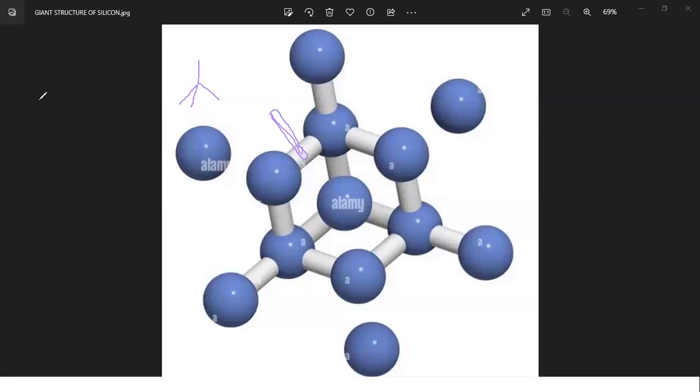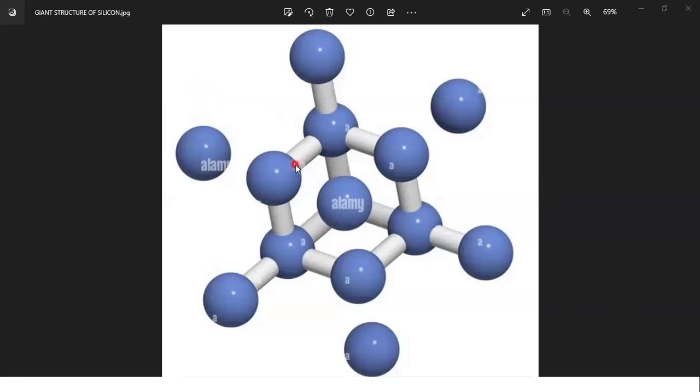Those bonds are covalent bonds. That's why we call it giant covalent. It is giant because it forms very strong solids.